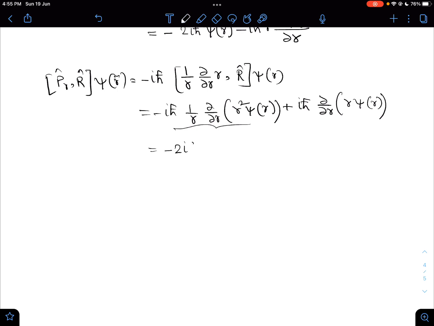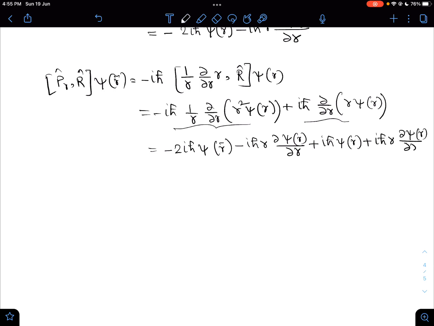It is minus 2 i h cut psi r minus i h cut r del psi del r, and this will give us i h cut psi r plus i h cut r del psi del r.